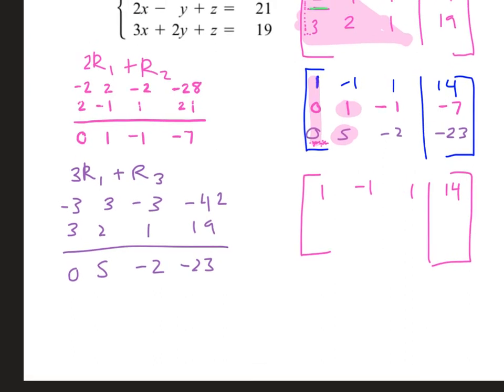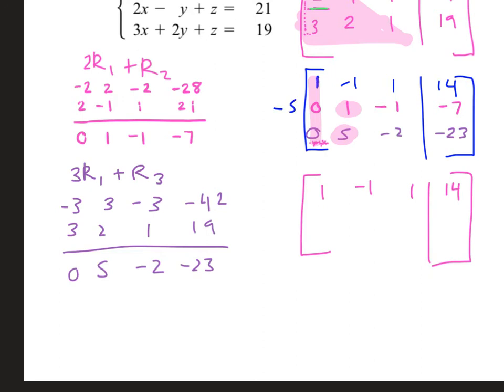Which row? We could do that, but then if we add the first row to the third row, we would get a 1 there, which we want to keep as 0. So we can multiply the second row by -5.